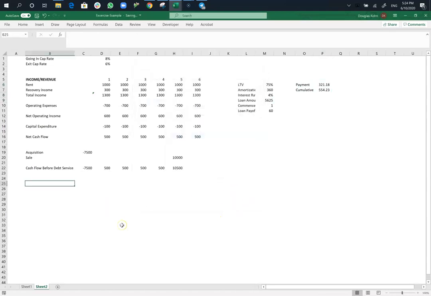Okay. Now, underneath cash flow before debt service, we have our loan proceeds. This is a positive cash inflow that is offset against the negative purchase price. So, loan amount.